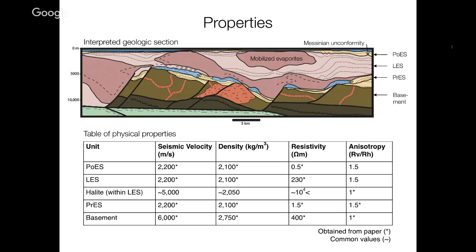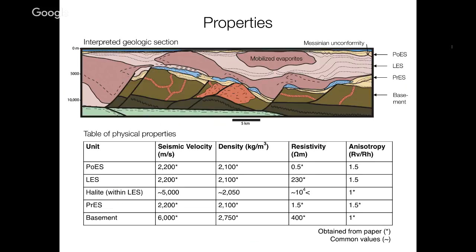And the other interesting unit is the basement, which is quite thin. And it is resistive and high velocity. Okay? So I think usually our target has high velocity and high resistivity. Halite has a high velocity and high resistivity. So like I said, we got pretty good correlation here. So high velocity, high resistivity. That's sort of what we're interested in.